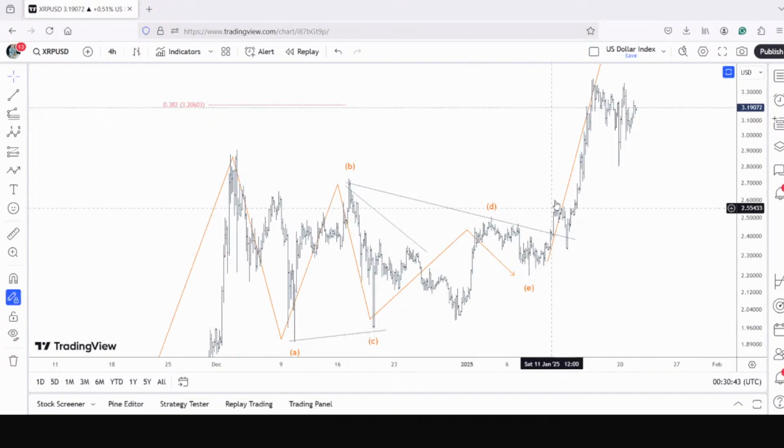Sorry, this is wave one, wave two, and then wave three, wave four, unfolding as a triangle, and we have one more leg on the upside. So if you're holding longs, please continue to do so with the stop just below that low, 2.08. The strategy remains the same. If you want to re-enter, you might want to consider around the 3 handle, stop just below 2.8, targeting through 3.7.